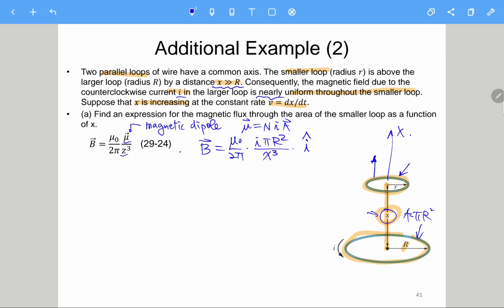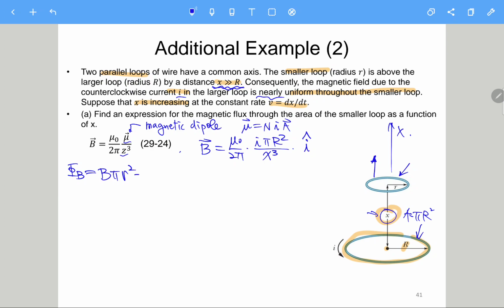So this is the B at this point, and as we have this approximation, we assume all the B over this area will be a uniform expression. So we can approximate the magnetic flux over the smaller loop to be B times pi small r squared.